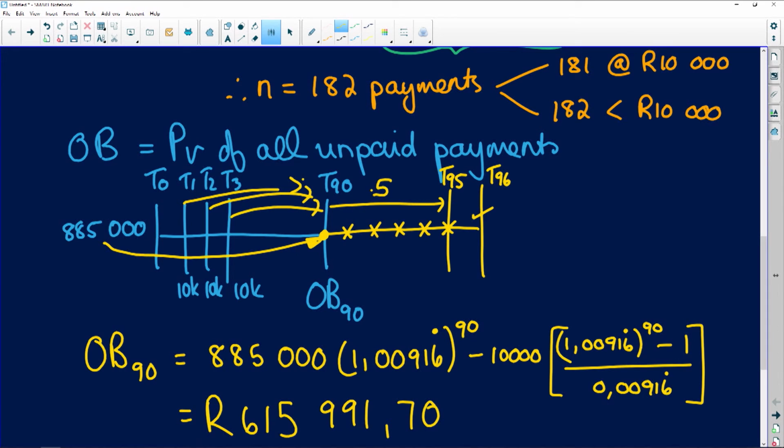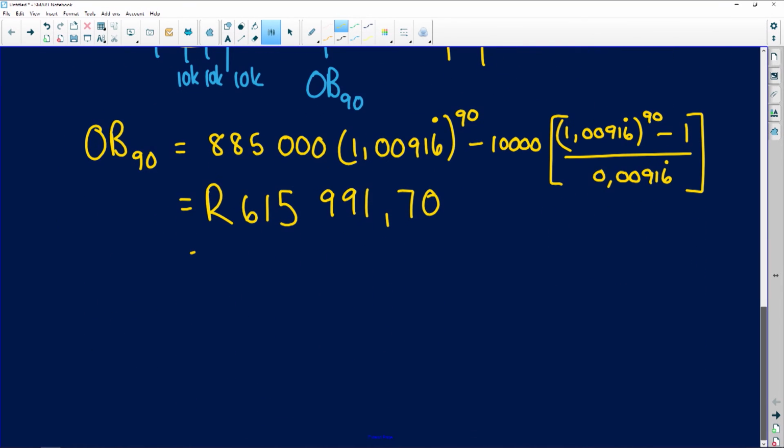Okay? So for 5 interest periods, listen to my language. I'm saying it's 5 interest periods. So the interest periods in this problem is given as months. Okay, so let's have a look. Our outstanding balance will now move forward to timeline 95, a month before the payments started.